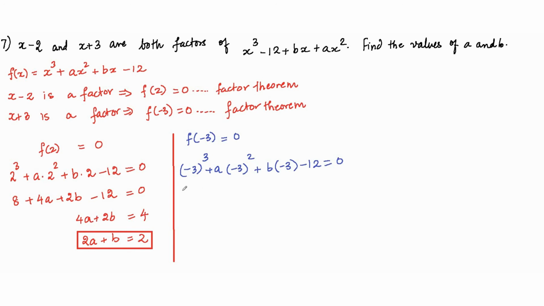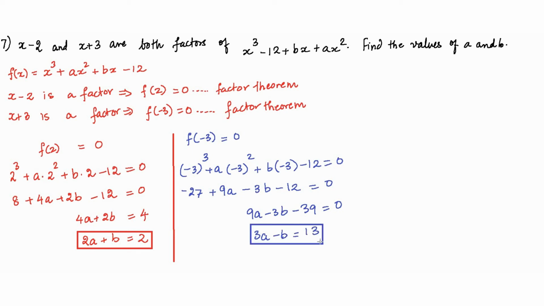So this would mean minus 27 plus 9a minus 3b minus 12 equal to 0, which means 9a minus 3b minus 39 equal to 0. Dividing throughout by 3, I get 3a minus b is equal to 13. So this is my second equation now.